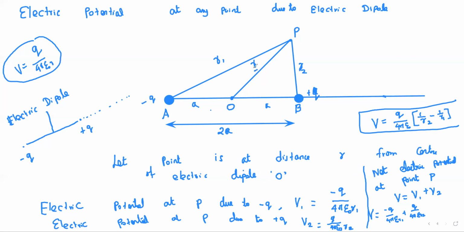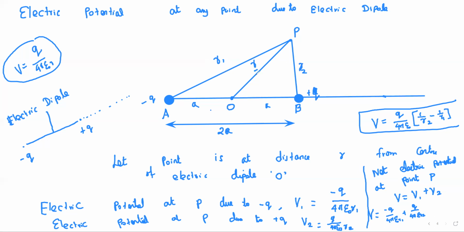This R only they gave. So the final formula should be in terms of R only, not R1 and R2. So we have to represent R1 and R2 in terms of R.